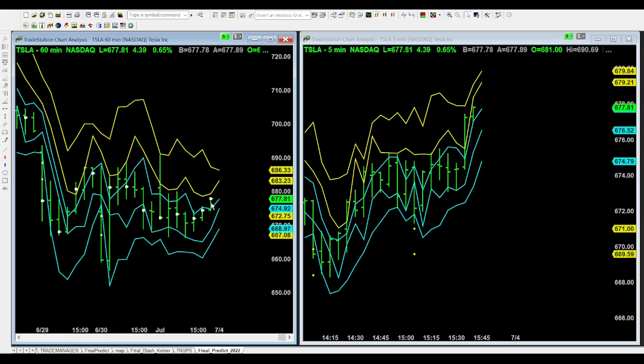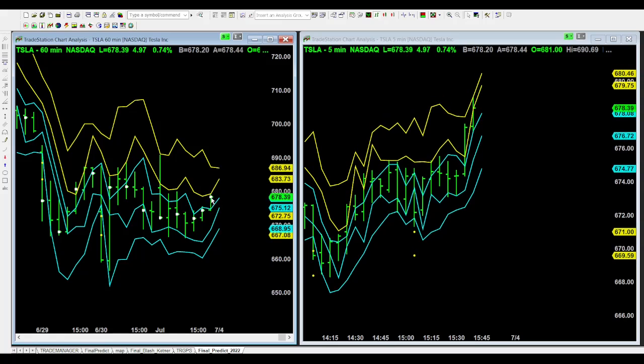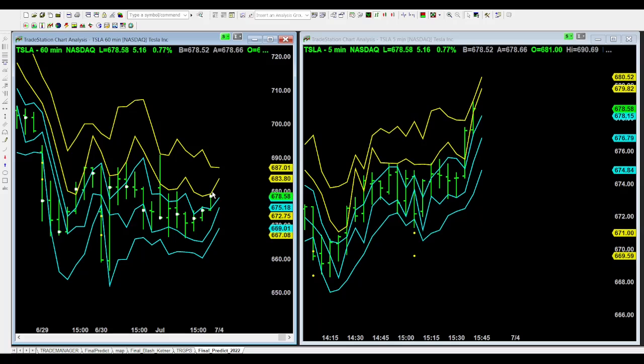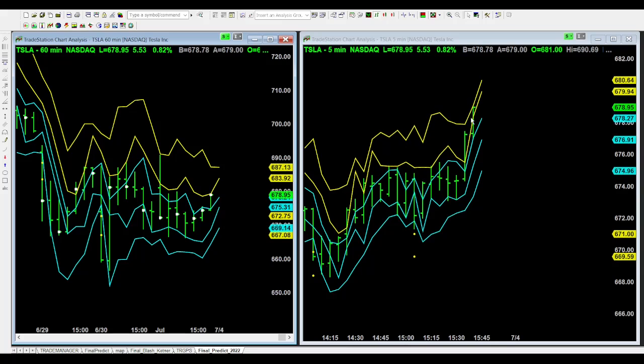They don't even know that when it reaches this region, it will have the higher risk. So right now it touches this yellow trend line, even for this 60 minutes chart, and also for this 5 minutes chart. That means it will have the higher risk and the higher tendency to start to decrease the stock price. So let's see.